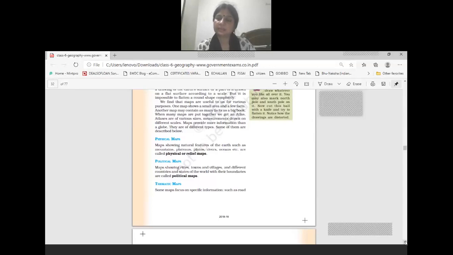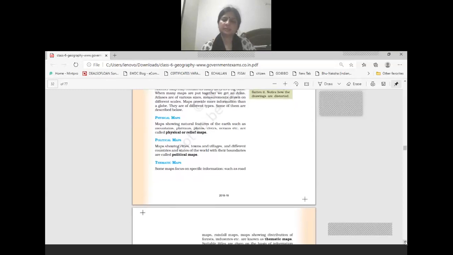And if the map is of the whole world, then the different countries will be shown with their boundaries. So, political maps are those maps in which various countries and various states or villages are shown with their boundaries.